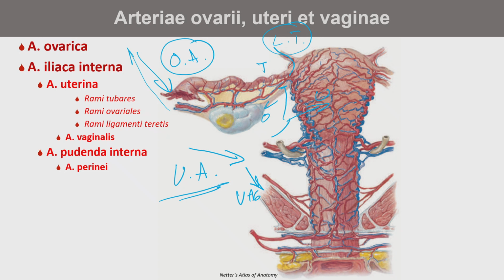Yeah, it's an analogous structure to the, in a male, what? Ductus deferens. Yeah? So this is a very similar structure with similar cores. So then, it's important that we have 2 levels, and the last one, the distal part, is pudenda interna and perineal branches. So internal iliac artery, which is called pudenda interna artery.